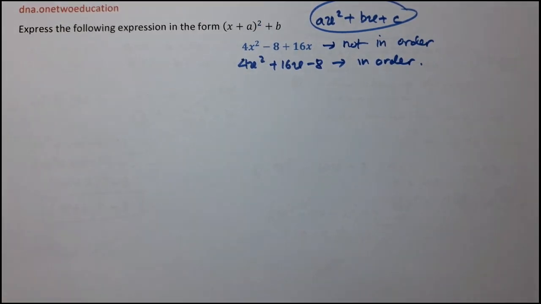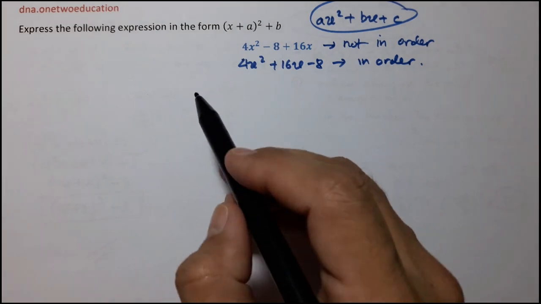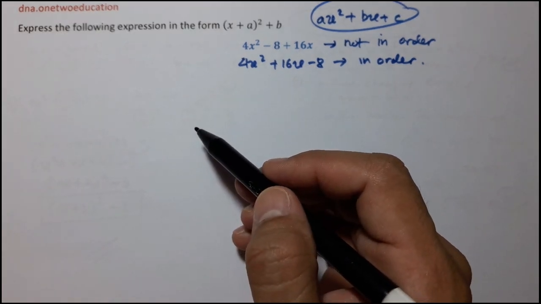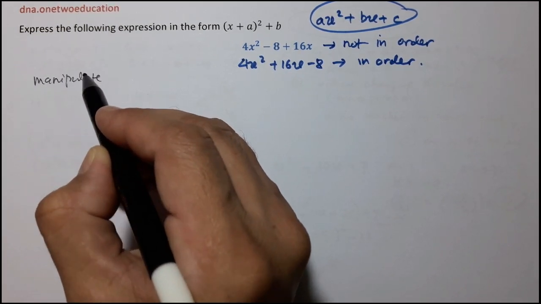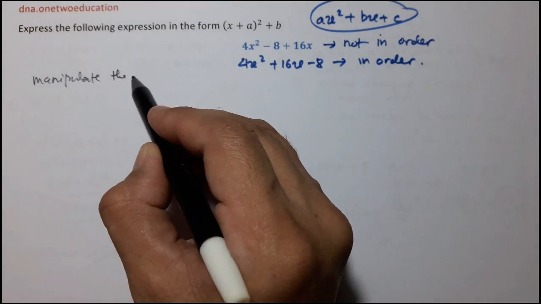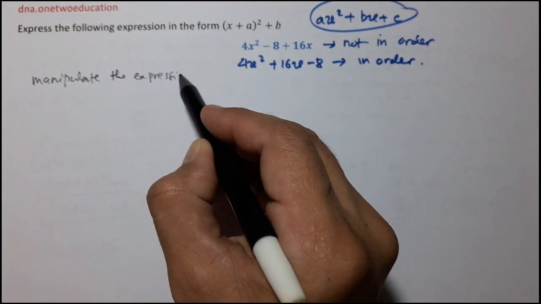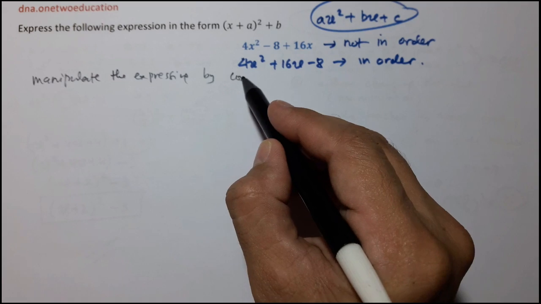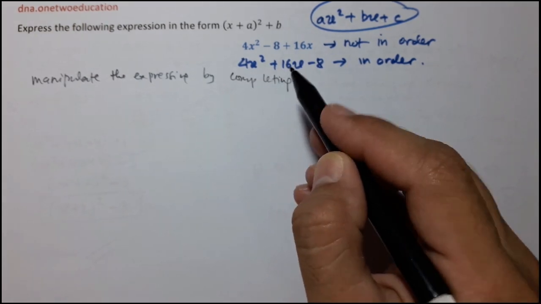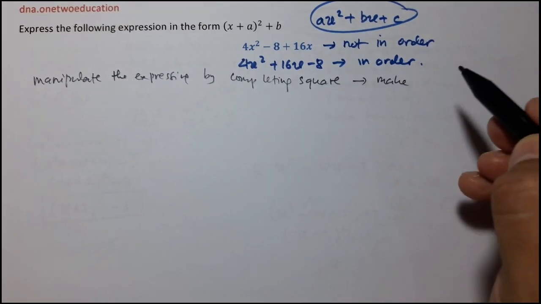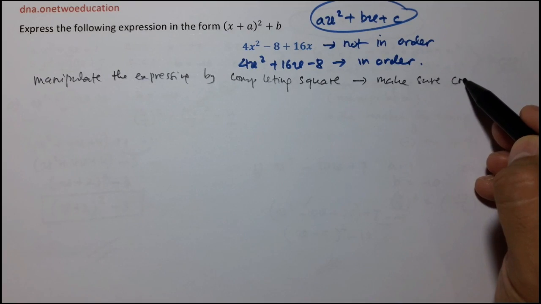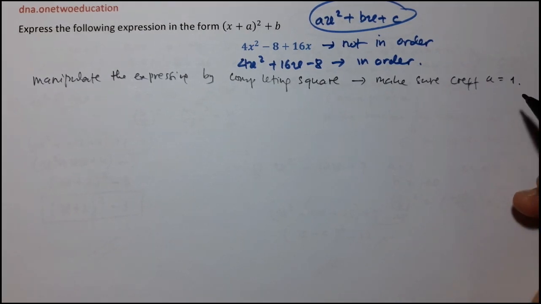Students, we go to manipulate this expression. One thing that you have to know is how to manipulate the expression by completing the square: make sure the coefficient of a is 1.